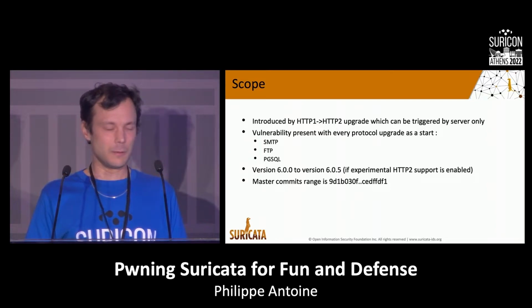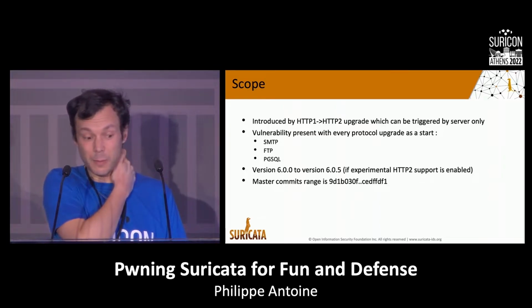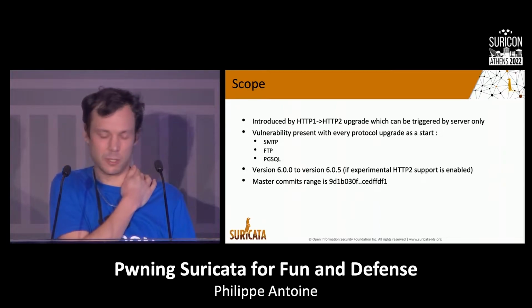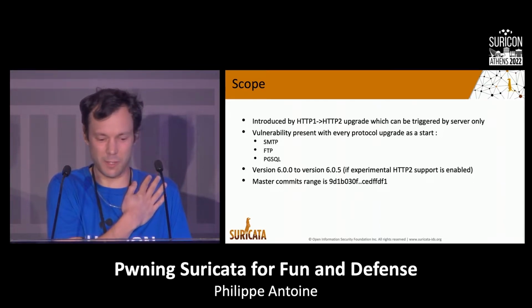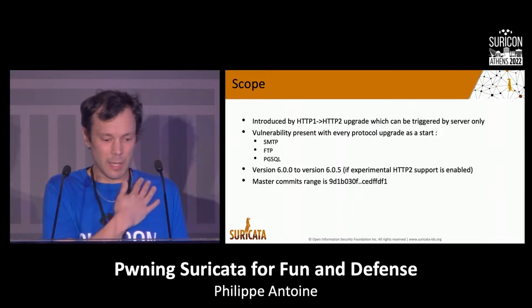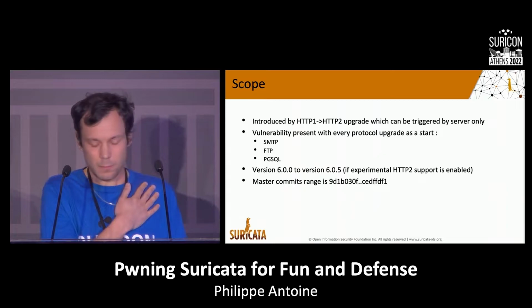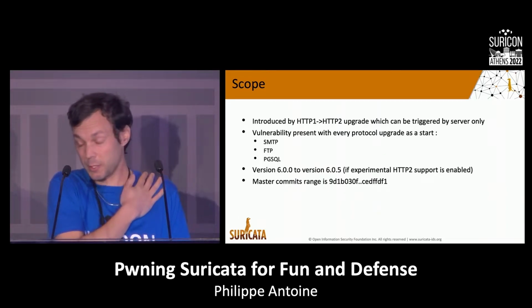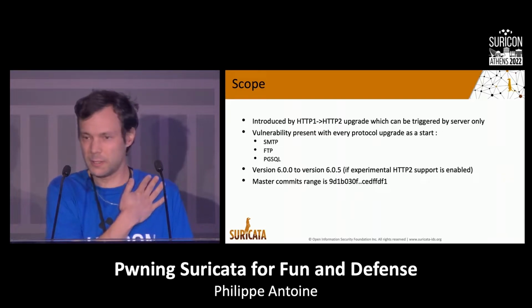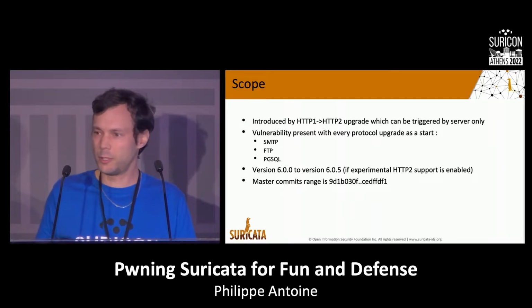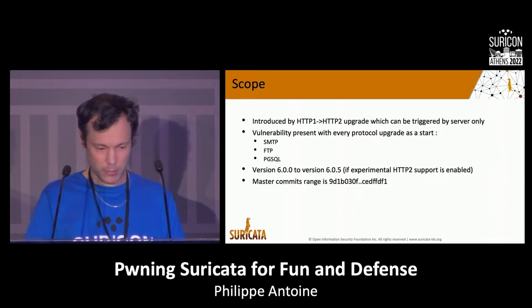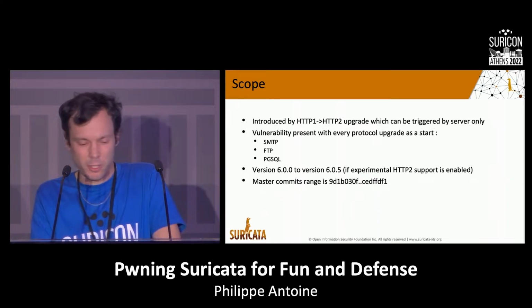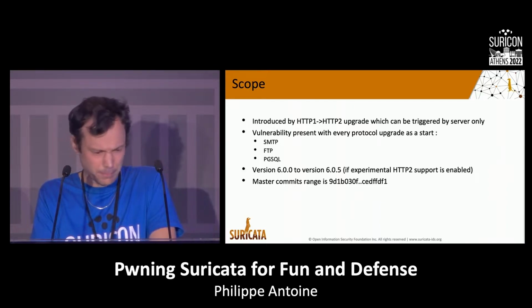OSS-Fuzz found it with SMTP as a start, but there are other protocols which can request protocol change, and there is the same bug with FTP and PostgreSQL. For releases, the bug was present in versions from 6.0.0 to 6.0.5, not with the default configuration, because HTTP2 was experimental in version 6, and you have the commit range in the master branch if you want.